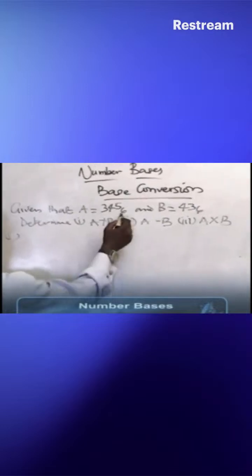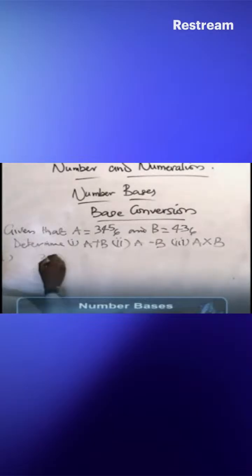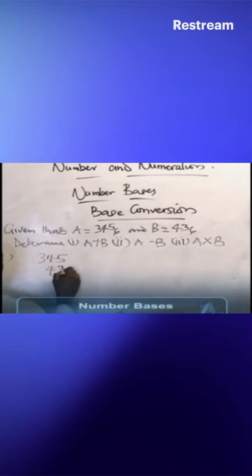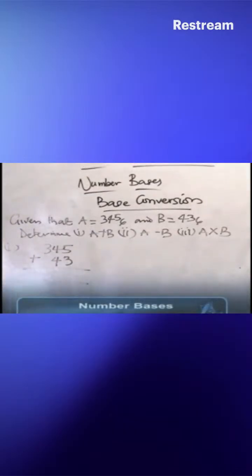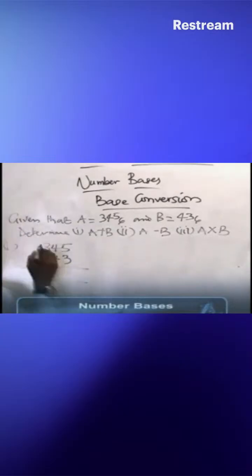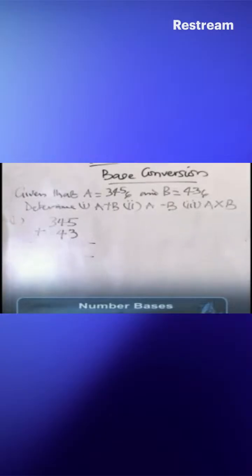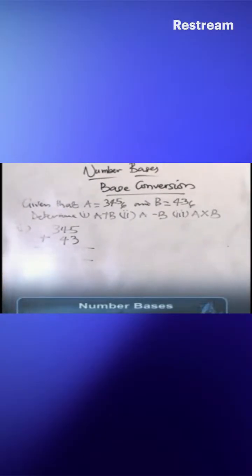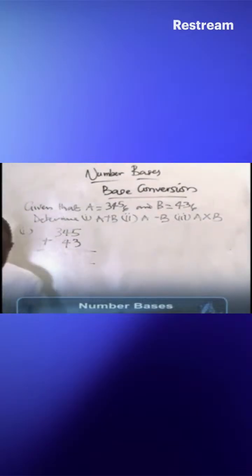Mind you, I said we are dealing in base 6. So we have 345, plus 43. Mind you, this is an operation in base 6. And it's good for me to first of all explain something so that when I start working, you will understand what I am doing.